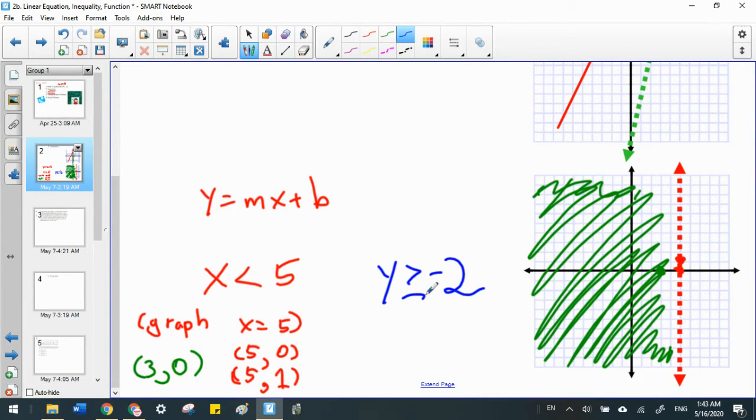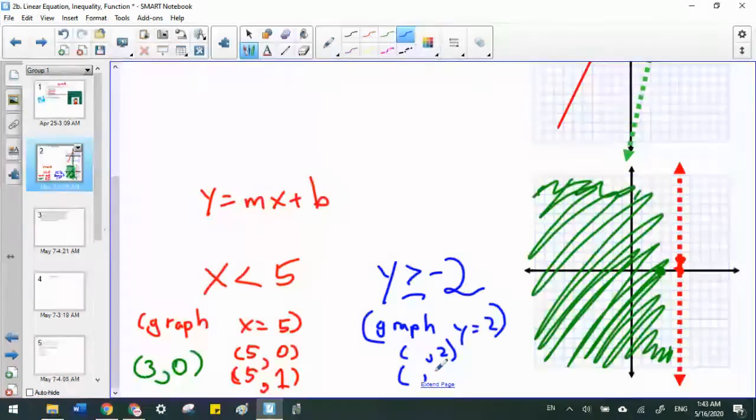And for y, we can do the same thing. I have y is greater than or equal to -2, so the line I'm trying to graph is y equals -2, which is multiple points where the y value is -2. So I can pick (0, 2) and (2, 2), just because I feel like it. Oh wait, -2. We're trying to graph y equals -2. So then (0, -2) and then (2, -2). Always good to check your work as you go through the problem.